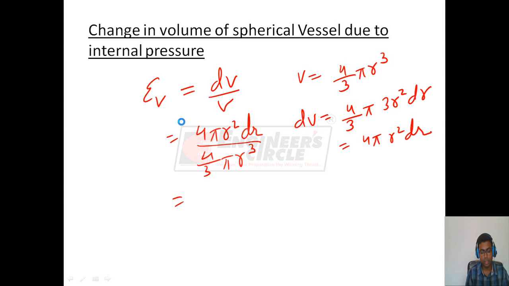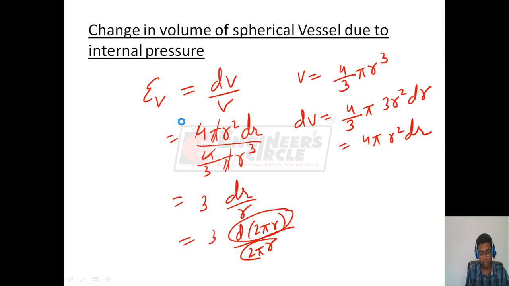So we get 3 times, pi cancels out, 4 cancels out, so we get 3 dr by r. Now this dr by r can be written as d of 2 pi r divided by 2 pi r. So this is the change in circumference by the original circumference, which gives the circumferential strain epsilon theta.